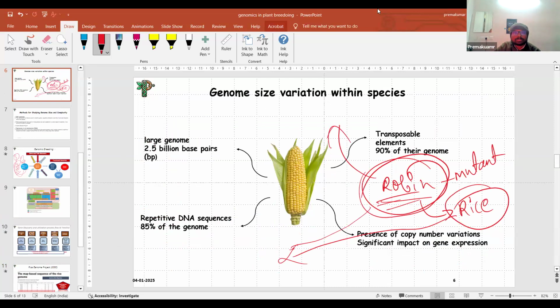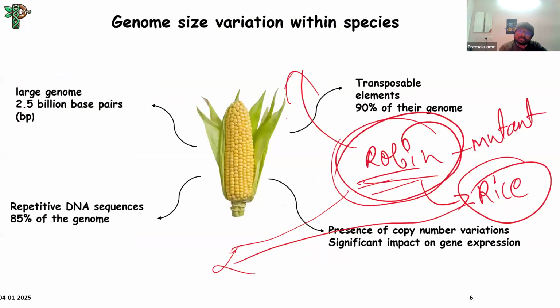Tamil Nadu? Sir, you know about the rice Robin mutant? Sir, one day you told about him, sir. Yeah, this is the Robin mutant. This was asked in the 2024 exam. It's related to this example.